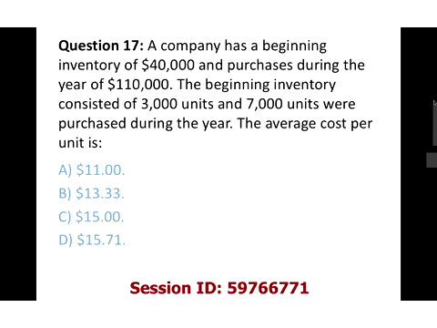So our total units were 10,000, right? So 3,000 plus the 7,000. When we're doing our average cost per unit, we're going to take that total cost, the beginning inventory plus the purchases, and divide it by the total units. The math should be pretty straightforward. I'll put it out there now.